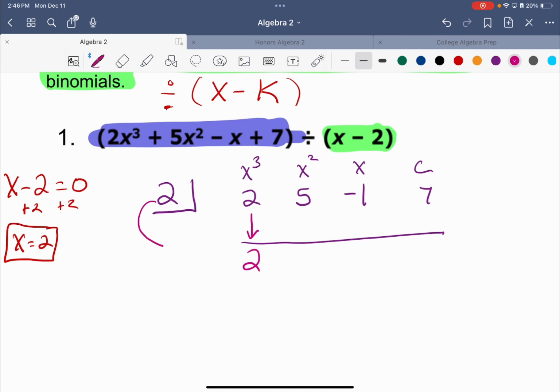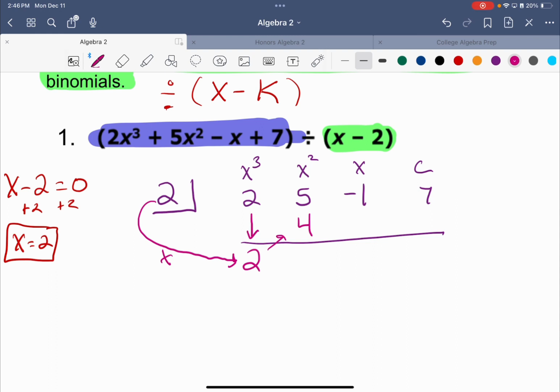Then we take the number that's inside of the box and the number that's underneath the line, and multiply them together. The result goes above the line underneath the next one. So 2 times 2 is 4. So I've got a 4 right there.